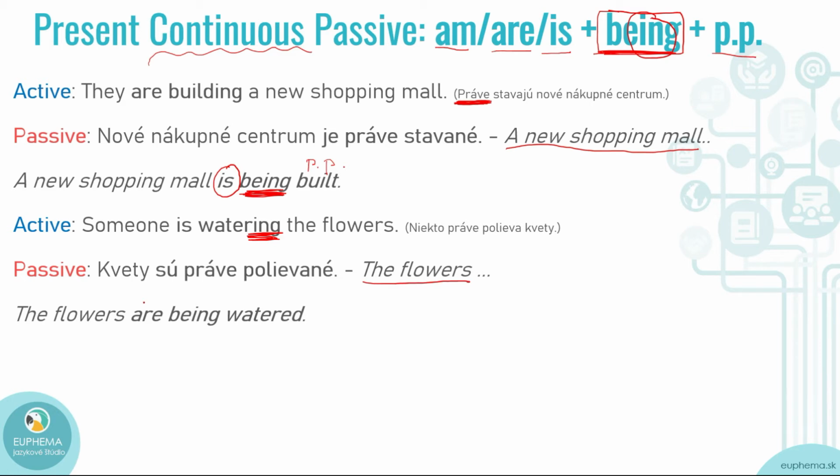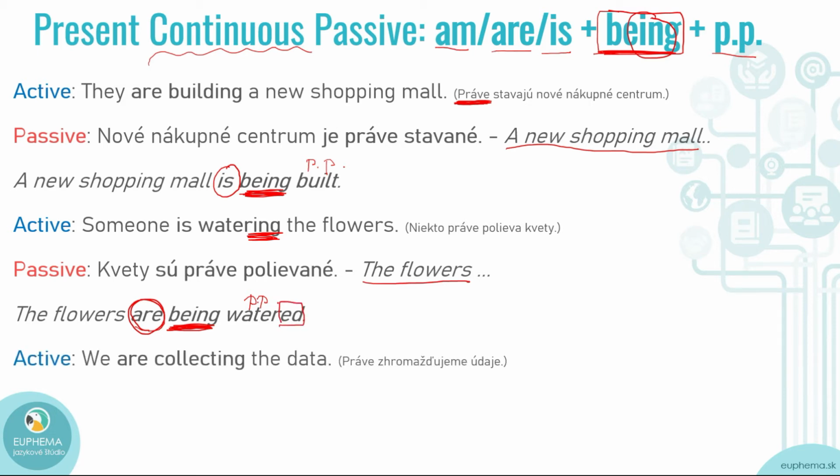Now we have flowers. This is plural. So not is, but are. Flowers are. Plus being, again, because it's at the moment or these days, again. And watered, which is the past participle of the verb water. This verb is regular, so you just needed to put there ed.